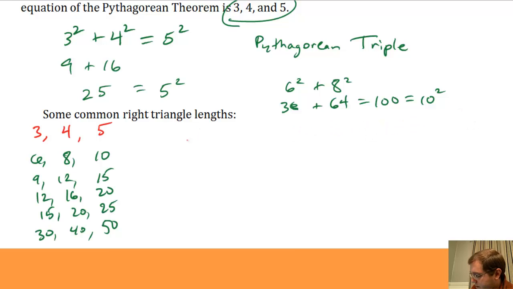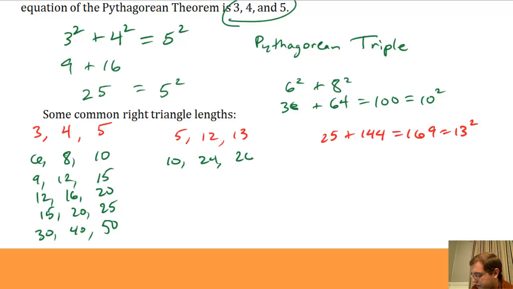But similarly, so does 5, 12, and 13. 5 squared, which is 25, and 12 squared, which is 144, equals 169, which is 13 squared. And again, any multiple of those, for example, multiplying them all by 2, 10, 24, and 26, is also a Pythagorean triple.